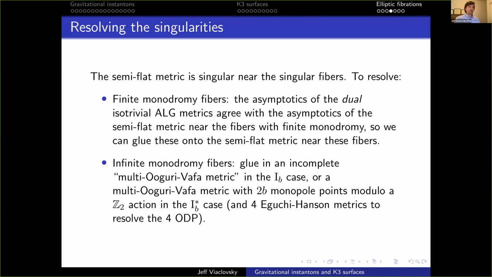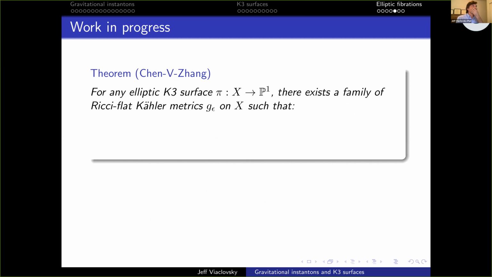Instead of the Oguri-Vafa metric, you glue a multi-Oguri-Vafa metric, where you have more monopole points. In the IB star case, it's a little bit complicated. You have to take the quotient of a multi-Oguri-Vafa metric modulo a Z2 action, exactly like I defined in the ALG star case. Then you get 4 ordinary double points, and you need Iguchi-Hansen metrics to resolve those.